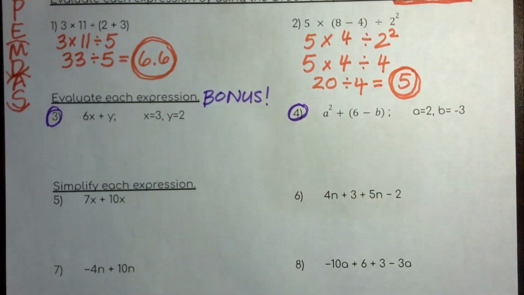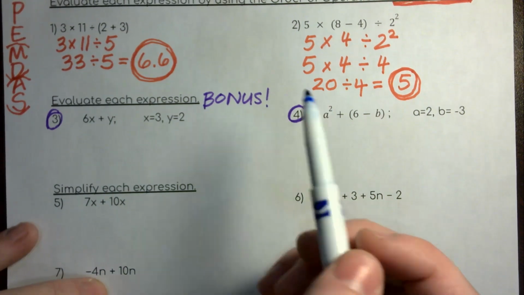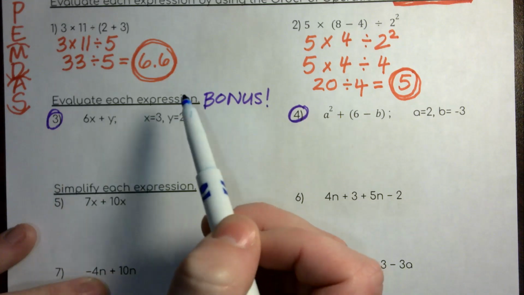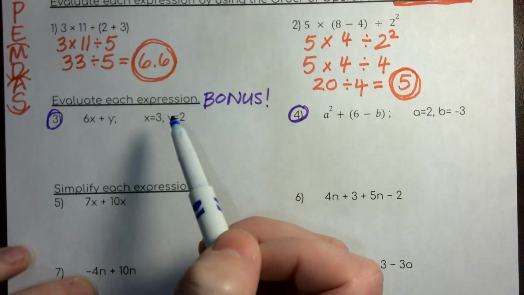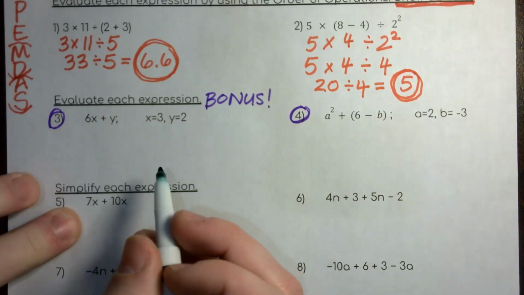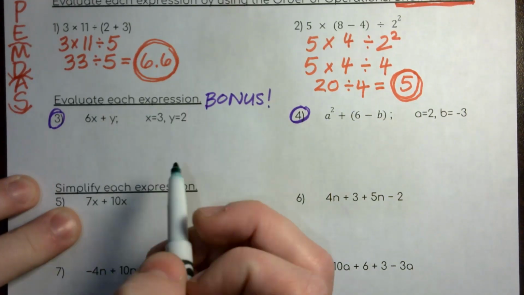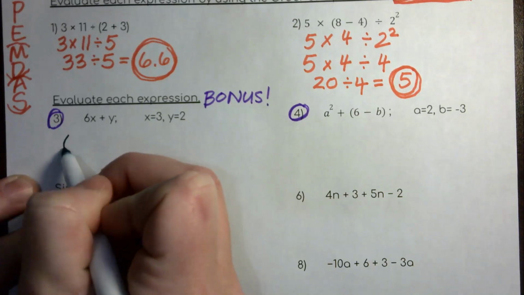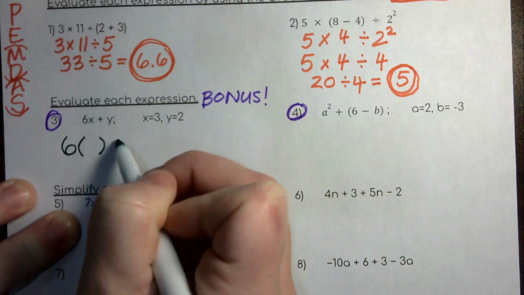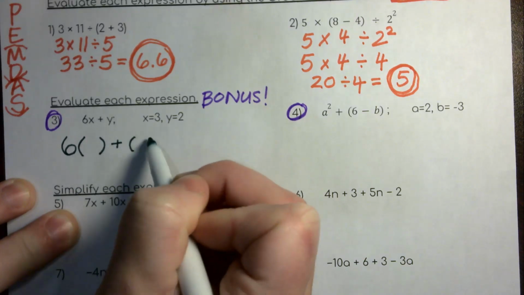Whenever we have an expression with variables, and to the side something that tells us what those variables stand for, we can plug in or replace the variables with the numbers they give us. So I'm going to rewrite this, but leave spaces for the numbers we're going to write in. So I have 6 times whatever x is plus whatever y is.